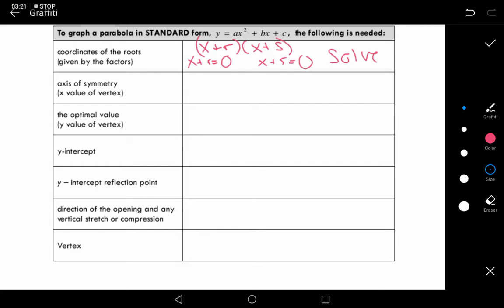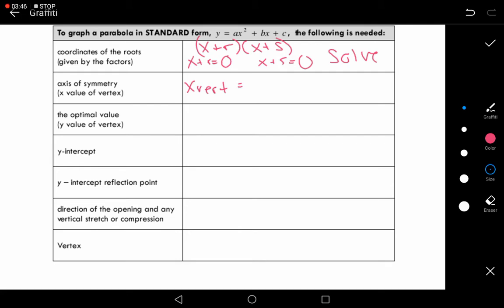So we also need to know the axis of symmetry. So we can actually figure that out given our factors. So we have a special formula that we call x-vert. Okay, so that means it's the x coordinate of the vertex, right? And in order to find that, we need to find the middle point between them.